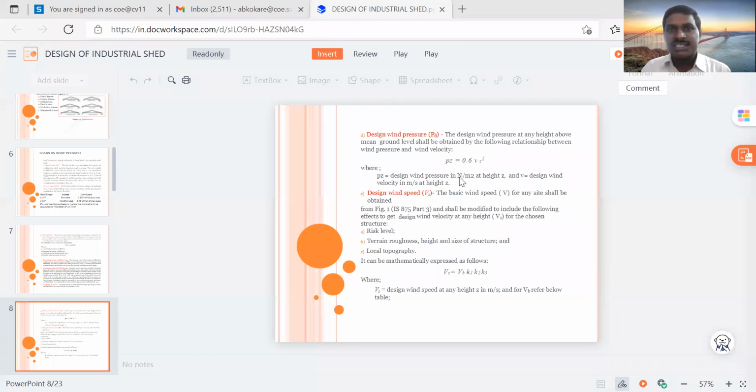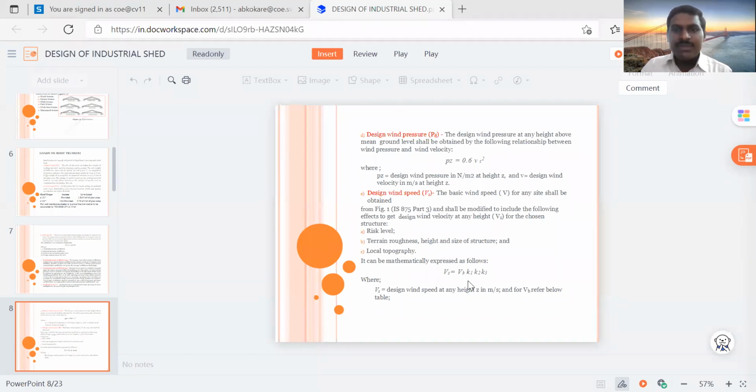It means for Delhi city, for Pune region, Solapur region, Latur region, Nagpur region, Aurangabad region, or Bihar, Patna, Arunachal Pradesh. Overall in India, there are major cities where we are constructing industrial sheds, so they have given the basic wind velocity in IS 875 part 3.